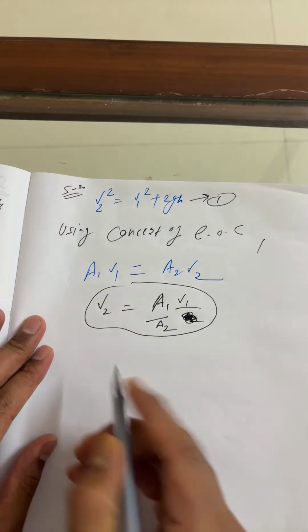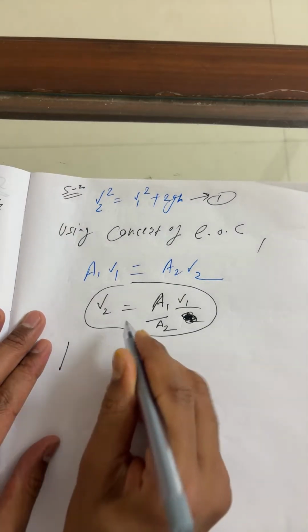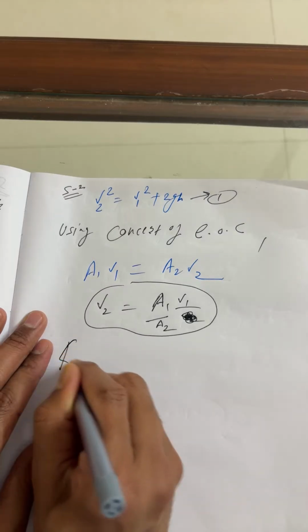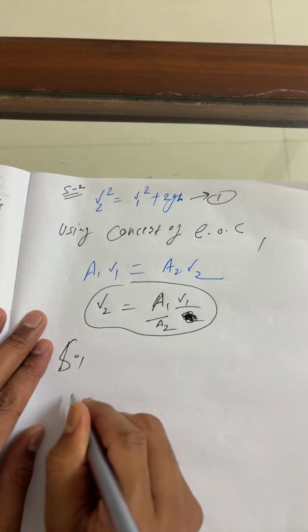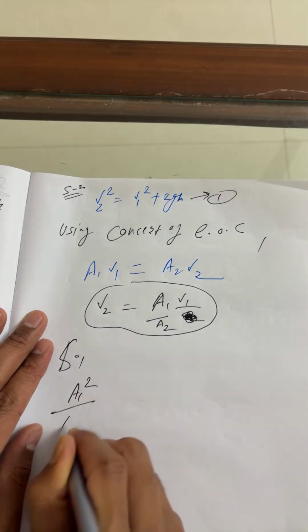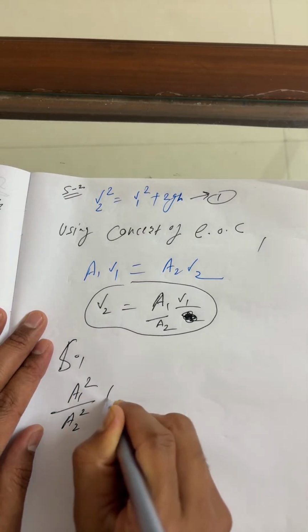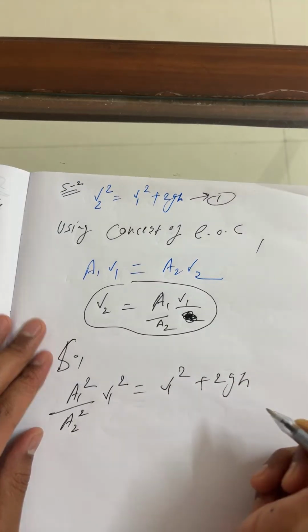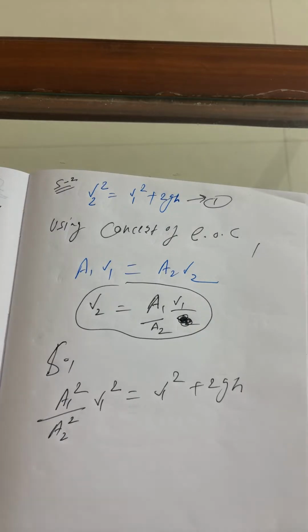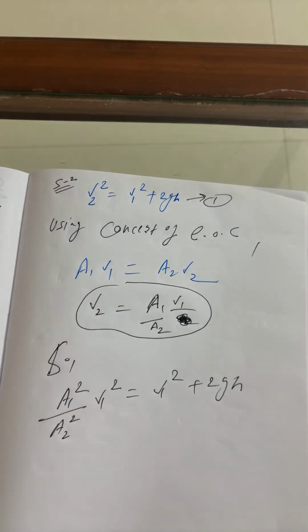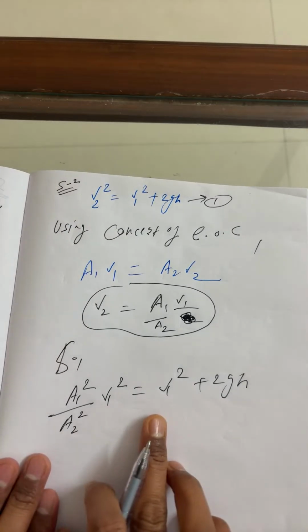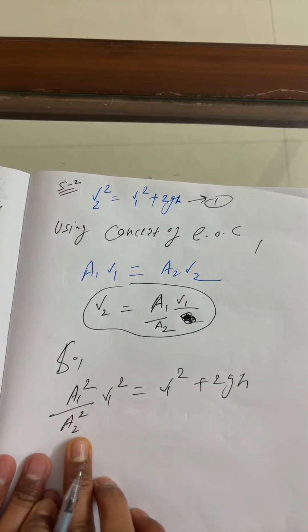This is squared, so you write this value in equation number one: A1 squared by A2 squared times V1 squared, plus 2gh. Or do one thing: take the LCM for the entire expression, then we'll get A2 directly from here.